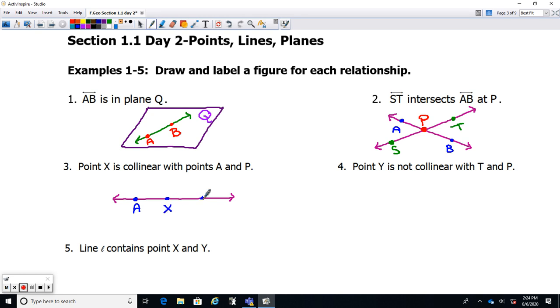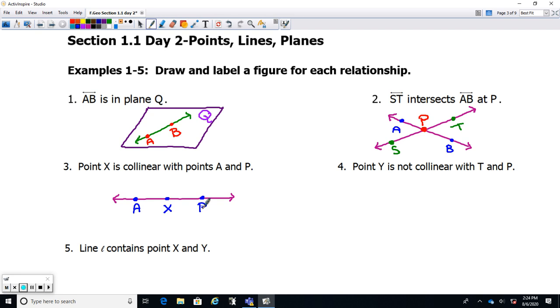So there's my 3. And again, I put it in order, AXP. You can put it in any order you would like. In fact, if you just drew these 3 points and labeled them AXP and you did not include that pink line, that would be fine as well, as long as it can obviously look like they're in a line. I just used a pink line to make it more obvious.